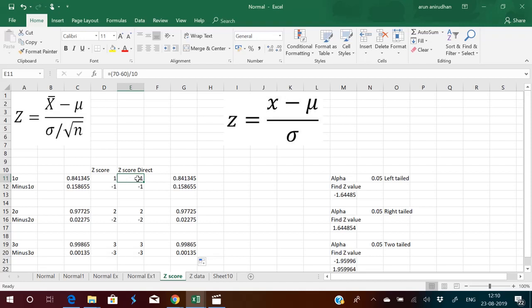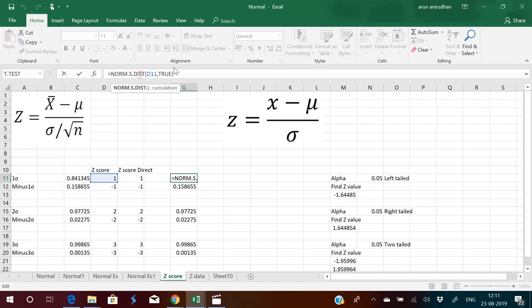And suppose you have got the z-score and you want to know the p value, then you have to use the formula NORM.S.DIST. Okay, you have got the z value, that is, your z value is 1, and you want to find the p value.